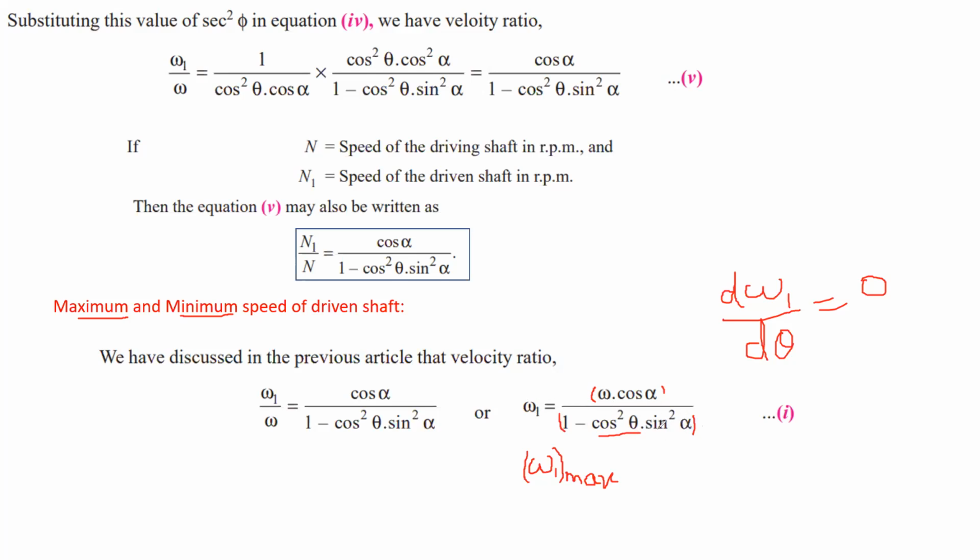Agreed? Yes or no? What I am saying is that it is the expression to calculate omega 1, and it has some denominator. If this denominator is minimum, obviously the value of omega 1 will be maximum. Correct or not?